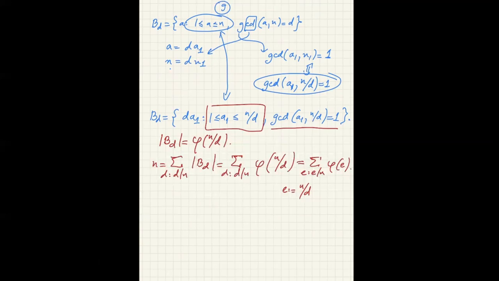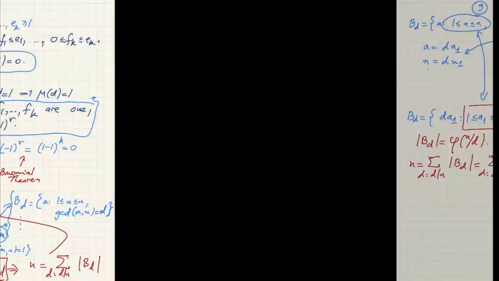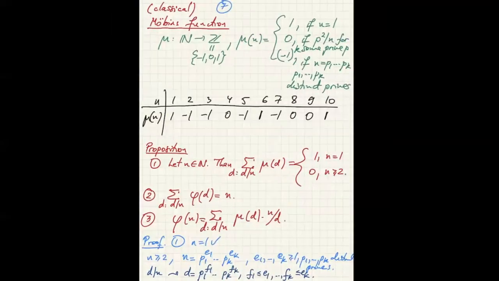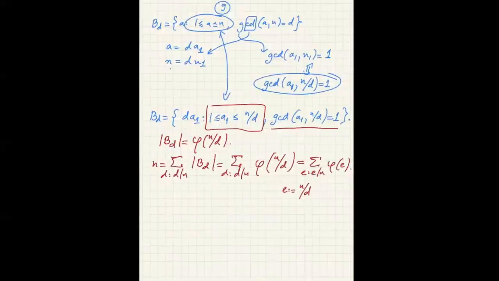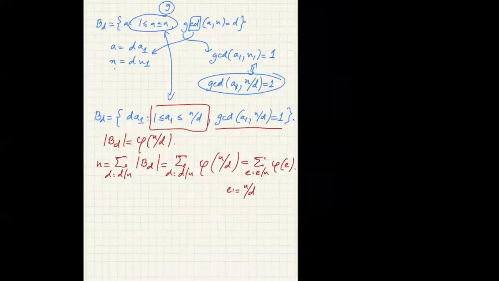Okay, the third part, relating the Euler totient function and Mobius function, I won't prove it here. You can prove it directly, but it will be a consequence of the next result, which looks very similar to the principle of inclusion-exclusion.